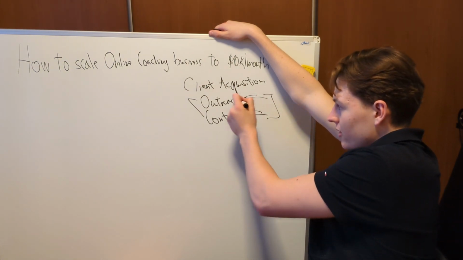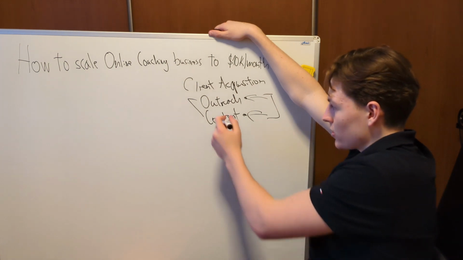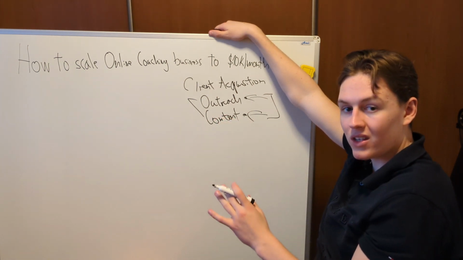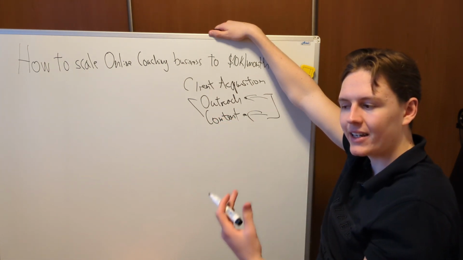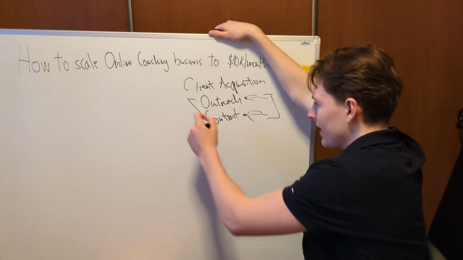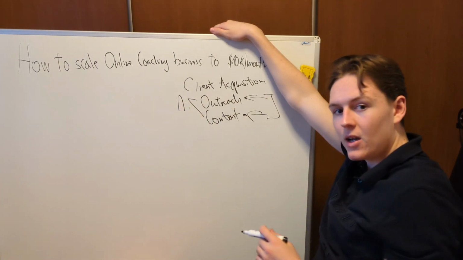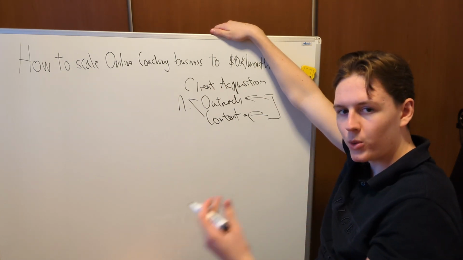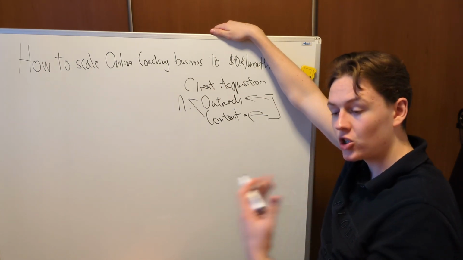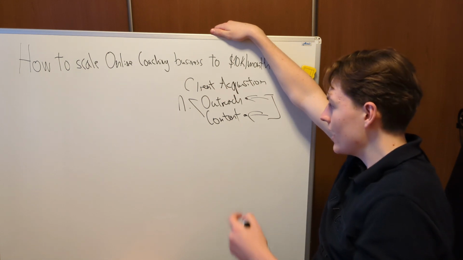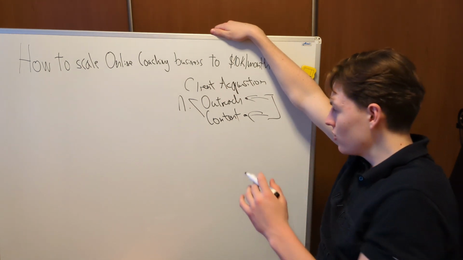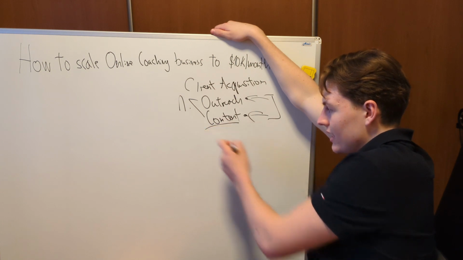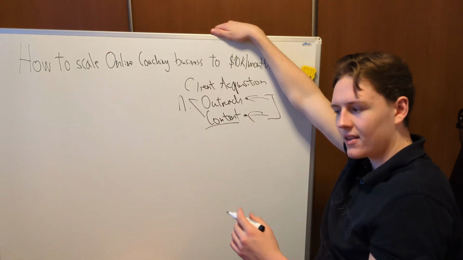In the beginning, outreach works way faster than content, because with content it takes a long time before you can start getting any inbound leads, right? So in the beginning, you're just doing the outreach side where you're trying to move the needle forward, start getting leverage, start getting momentum. And once you have the momentum, you insert the content in there as well and start pushing out the content.